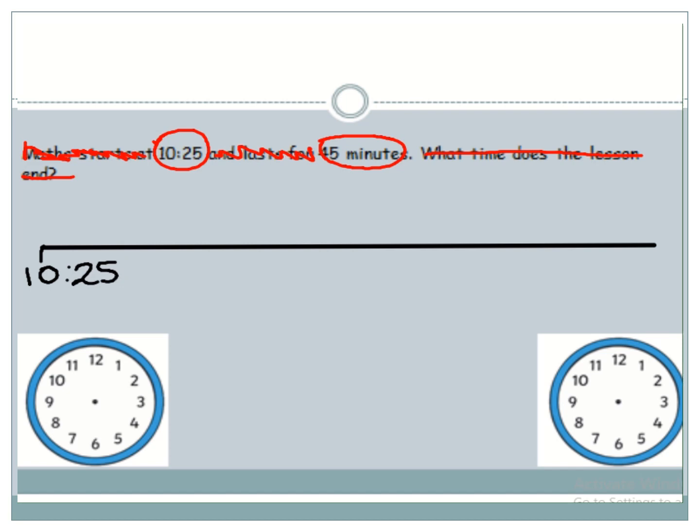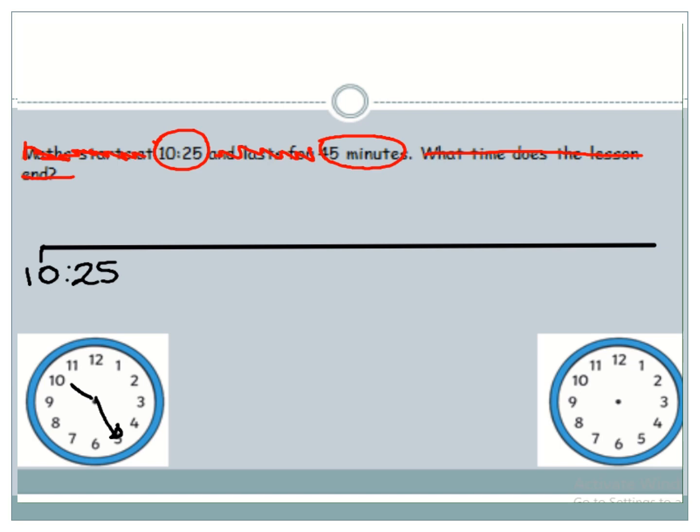And to remind us about clocks, I want us to draw the time on a clock. So 10:25, so 10 is the hour, and 25 would point to the 5, which is the minute hand. Remember, the hour's shorter. So now we need to do 10:25 and count on 45 minutes.